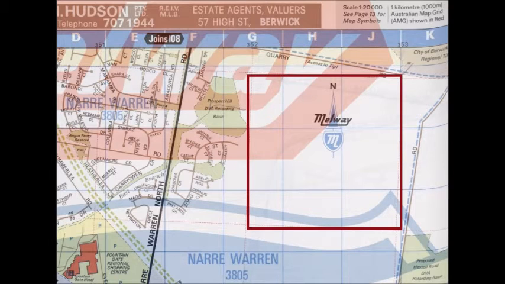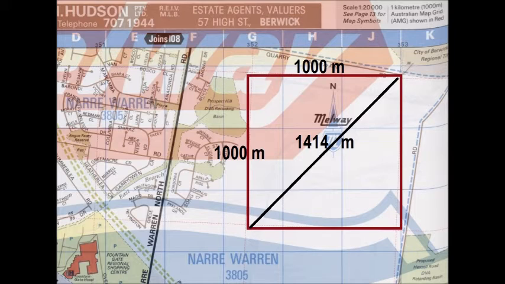So if you do 1,000 squared plus 1,000 squared and then square root that, you'll find that the hypotenuse is about 1,414 metres, so 1.5 kilometres almost. So between the rubbish dump and Fountain Gate, we know it has to be more than 1.4 kilometres, just based on looking at the grids.